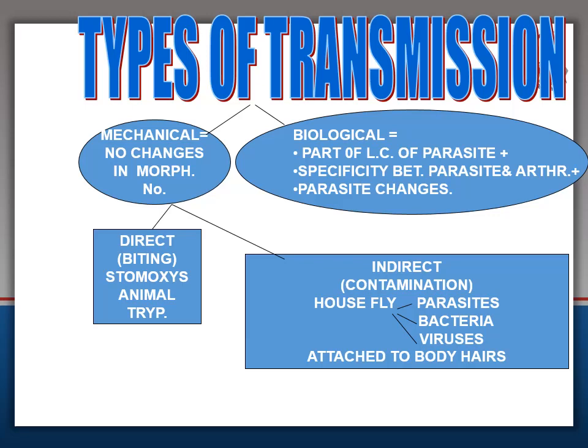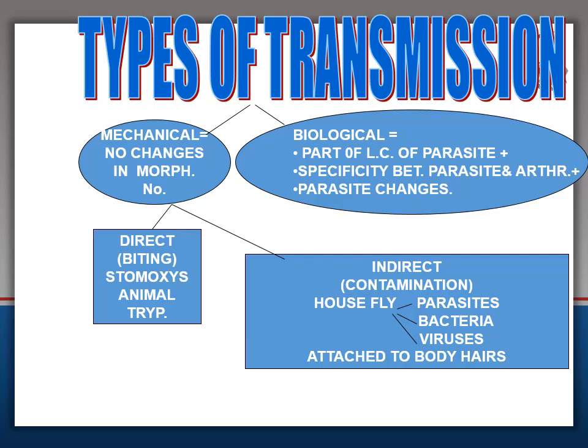How do arthropods transmit other causative agents of disease? They either transmit these pathogenic agents directly from one place to man, and the pathogenic agent does not undergo any change in number or in morphology, and we call this mechanical transmission.